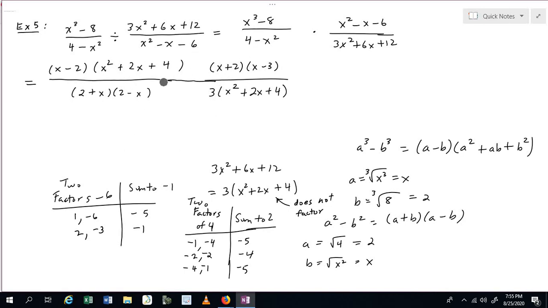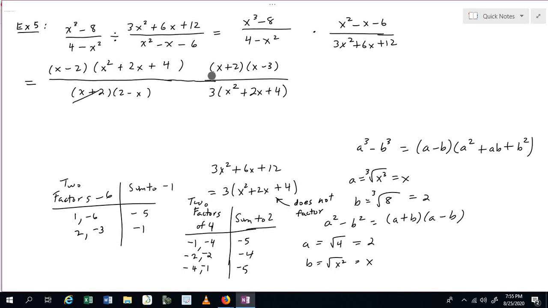If you have anything in common on top or bottom of this one division sign, then they'll cancel out. So let's see if anything cancels out. See this x plus 2 right here? The order here doesn't matter because it's addition. This is the same as x plus 2.